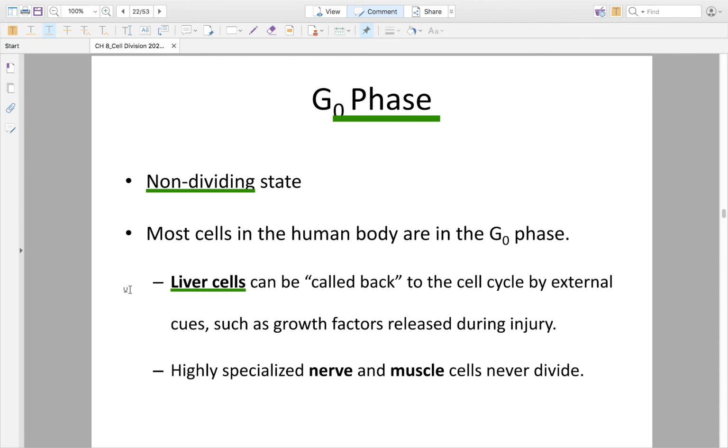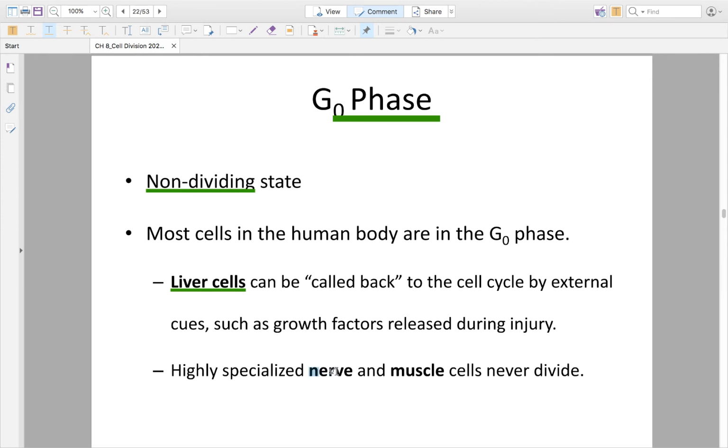Liver cells don't. And that's why people that drink too much alcohol, like alcoholics, can get cirrhosis of the liver pretty quickly. It's because our liver cells do not go through the cell cycle very often. All right, now, yes, the cirrhosis can lead to some liver cells dividing, but it's not going to repair all of them. Now some specialized cells never divide, meaning after they're formed, they never will divide again.